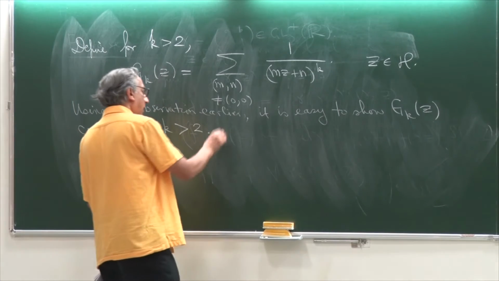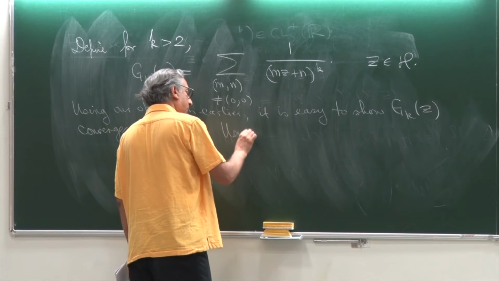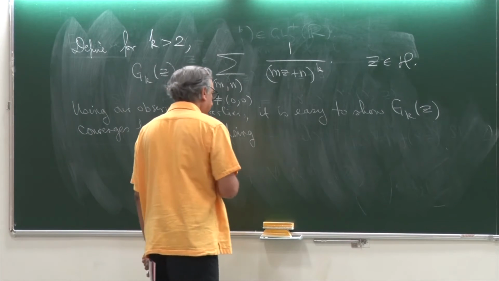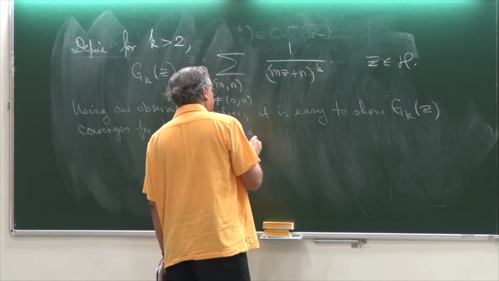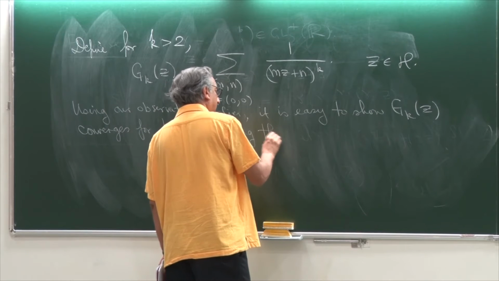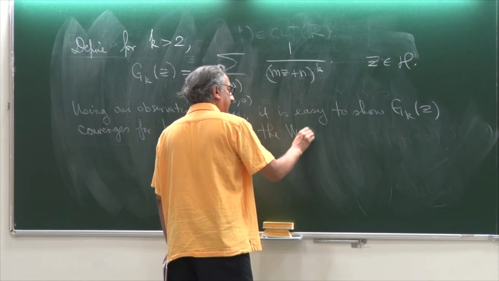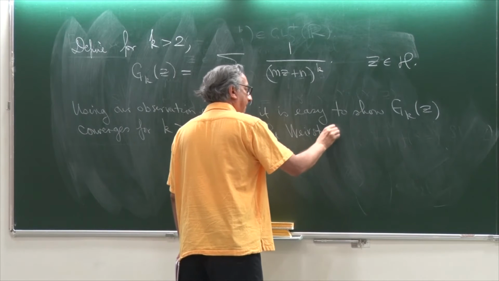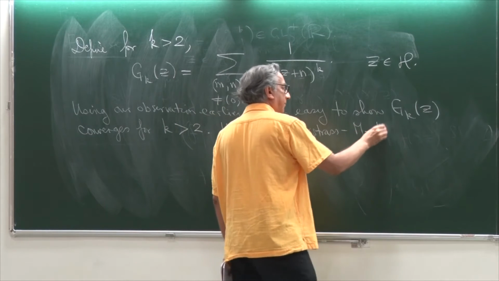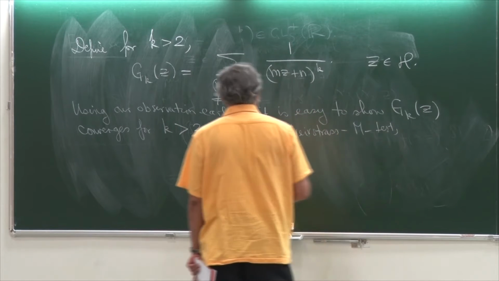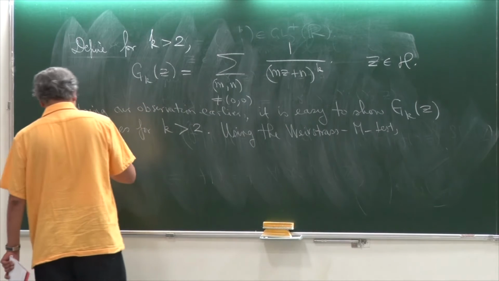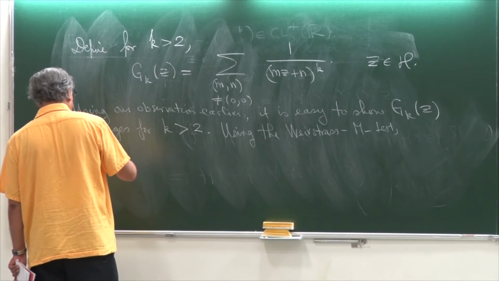And using the Weierstrass M test, which I hope you remember from your complex analysis class, g_k of z is an analytic function in the upper half plane.